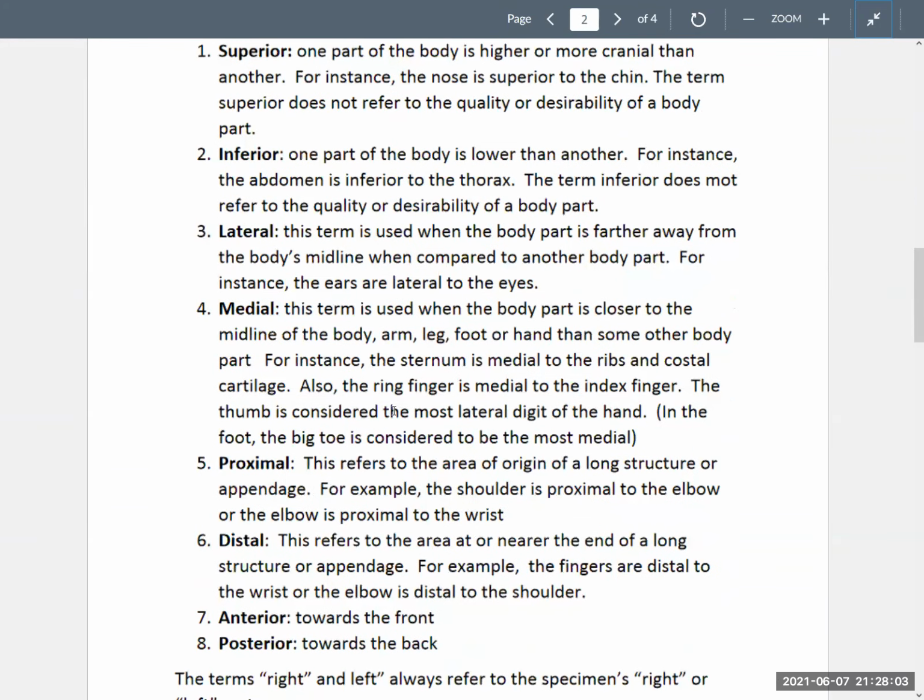Medial, when the body part is closer to the middle of the body, arm, leg, or any other part, it's more medial. Well, we just did an example using the finger, okay? On the other hand, go back to the shoulders. What's more medial to the shoulders? The breastbone or the sternum, the proper name.